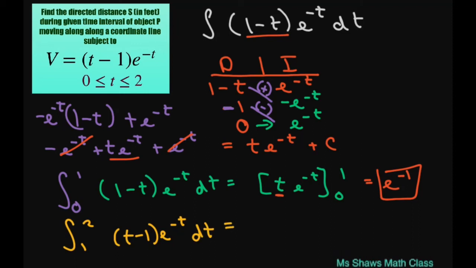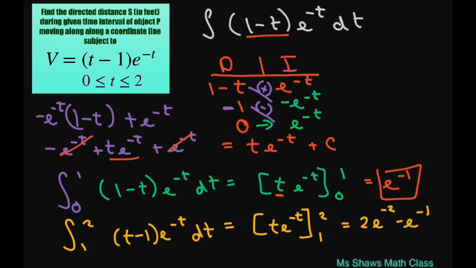Let me write that one down. That gives you the same thing, t e to the power of negative t, evaluated from 1 to 2. When you do that, you get 2e to the power of negative 2 minus e to the power of negative 1.